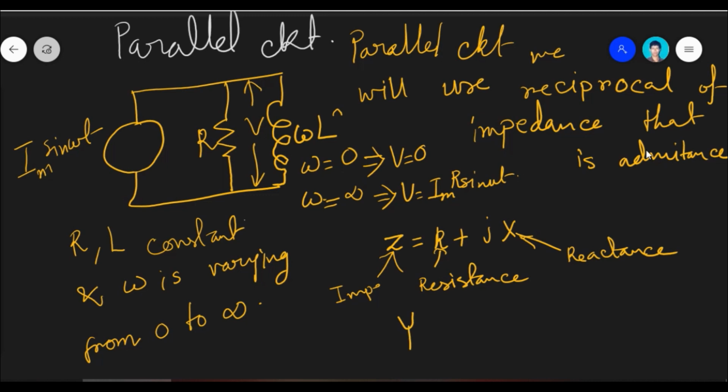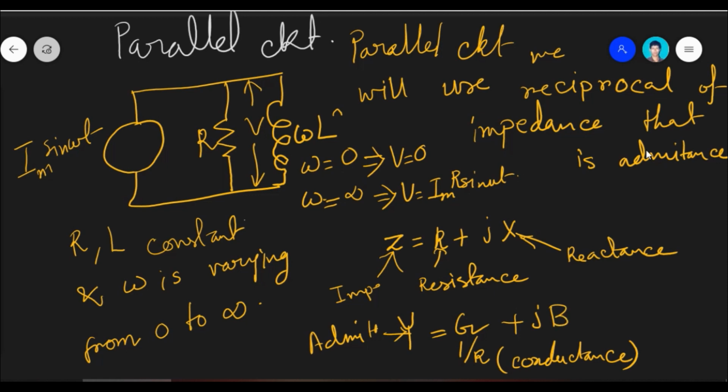Similarly, we have Y as our admittance, which is equal to G, that is 1 by R, known as conductance, plus jB, and this is known as susceptance.